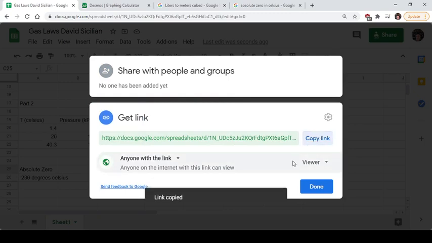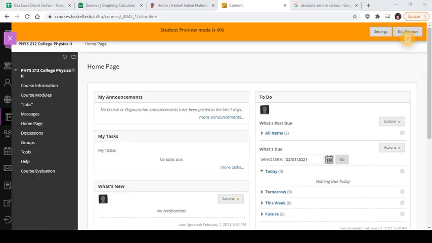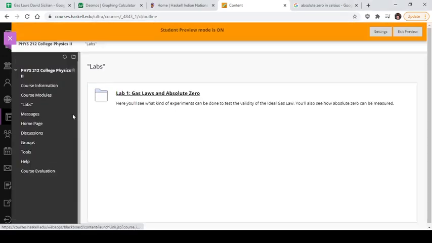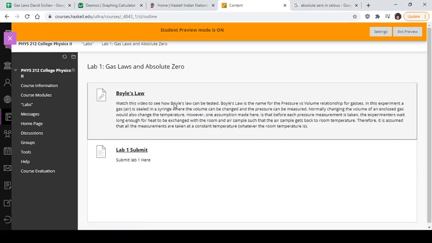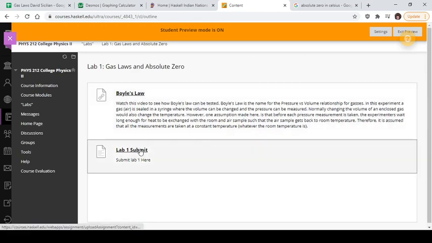And with the link copied, now we want to go up into Blackboard. Alright, once you're on the Blackboard homepage, you should see a tab called Labs now under Course Modules. If you click on that, you should see Lab 1, Gas Laws, and Absolute Zero. Click on that, and yours might look a little bit different by the time this is up, but what you should see is a link called Lab 1 Submit.